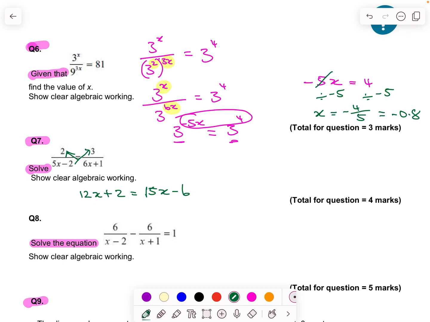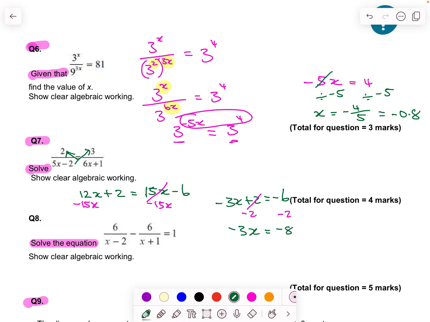I'm going to take the x's onto one side. So I'm going to minus 15x from both sides to leave minus 3x plus 2 equals minus 6. Then I'm going to minus 2 from both sides to give that minus 3x equals minus 8.